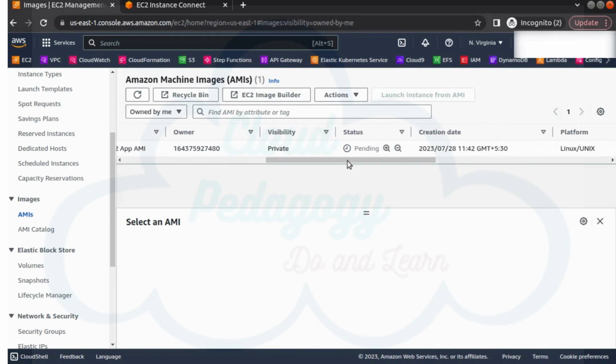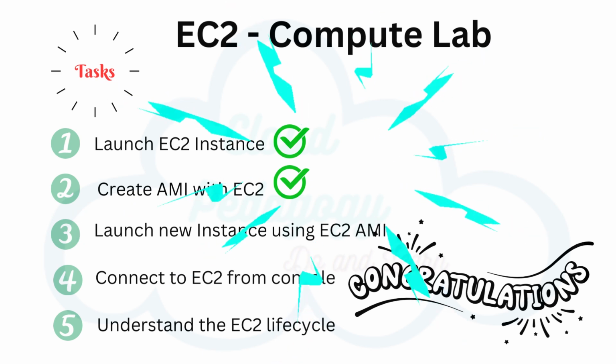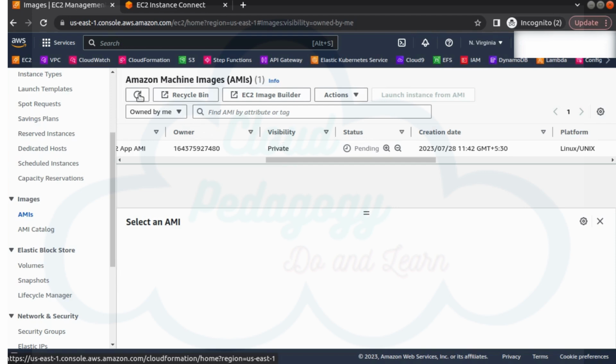Now the status is pending. Wait for it to become available. Congratulations! You have created an AMI using the student directory application EC2 instance. Now it's time to launch the new instance using this image. Now the status is available.